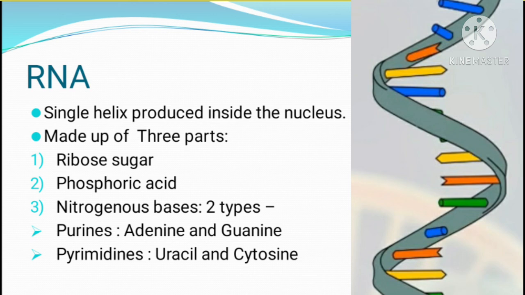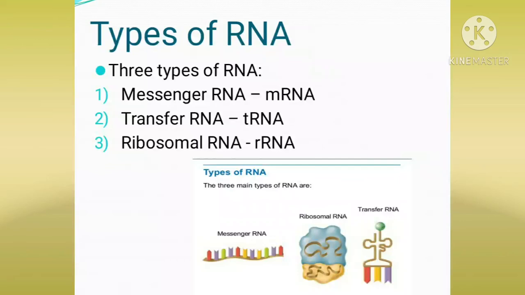Adenine and guanine are purines, uracil and cytosine are pyrimidines. The ribose sugar, phosphoric acid, and one of the nitrogenous bases constitute a ribonucleotide. Many such nucleotides combine together and form the macromolecule of RNA.